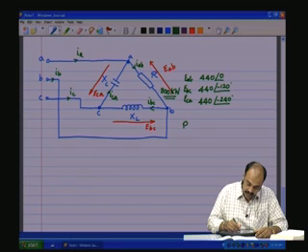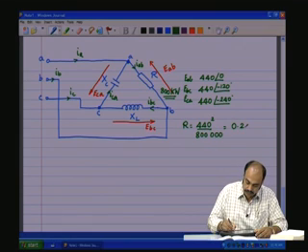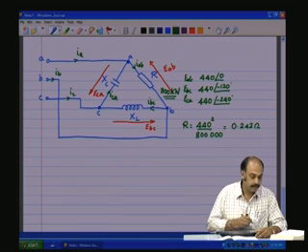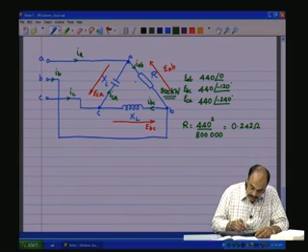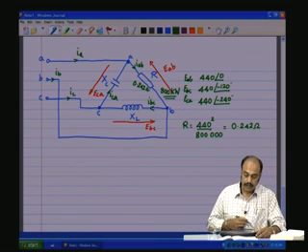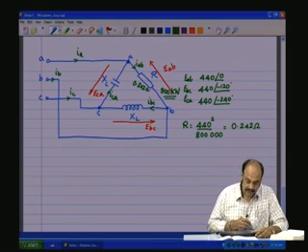So, then R would be 440 square by 800 kilowatts, which is 0.242 ohms. So, this is 0.242 ohms. And now, what should be the value of XL and XC?